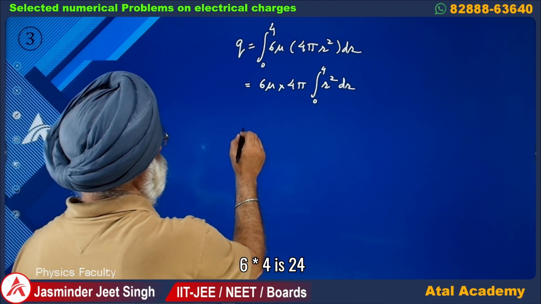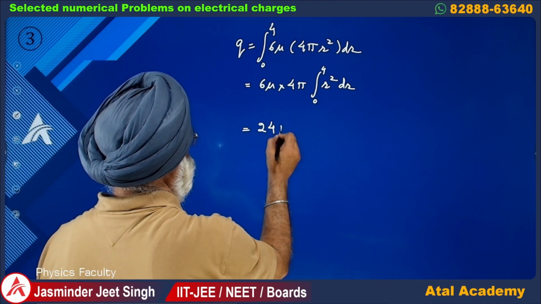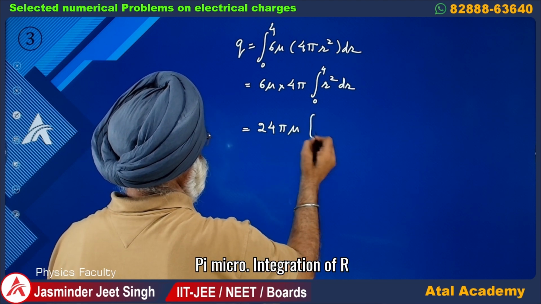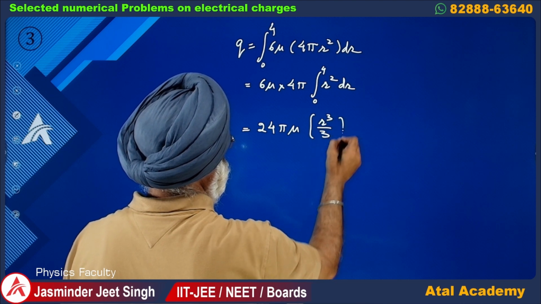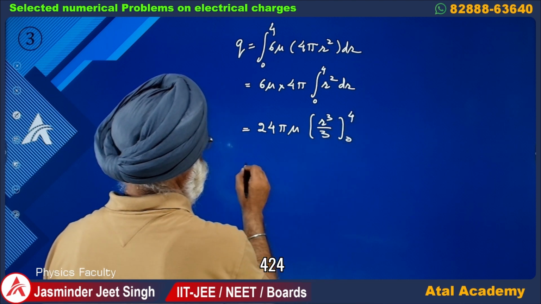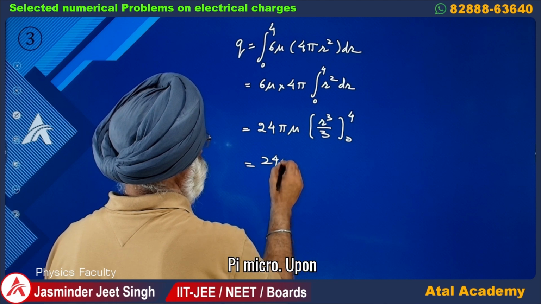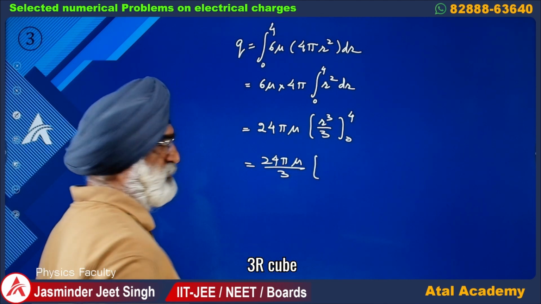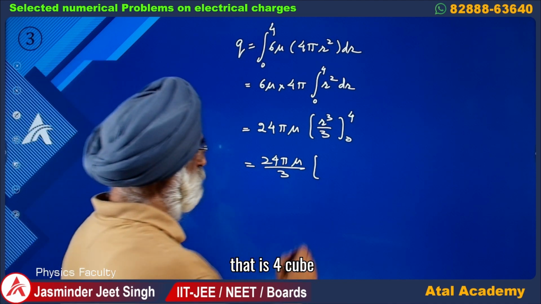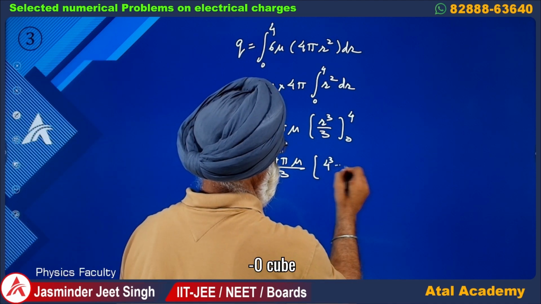6 into 4 is 24 pi micro. Integration of r square dr is r cube upon 3 from 0 to 4. 24 pi micro upon 3 into 4 cube minus 0 cube.